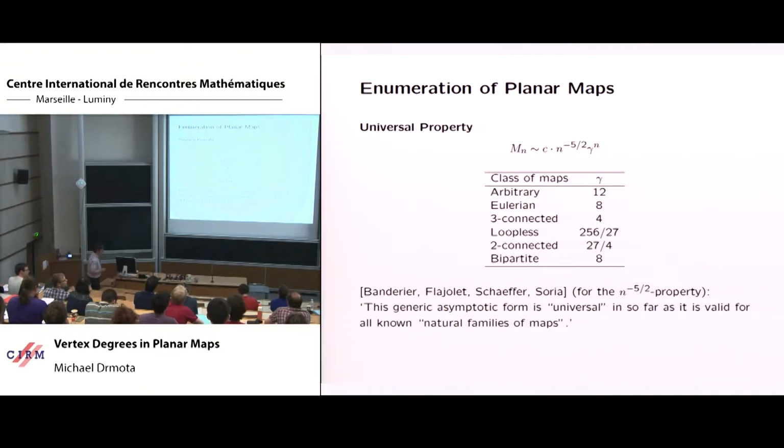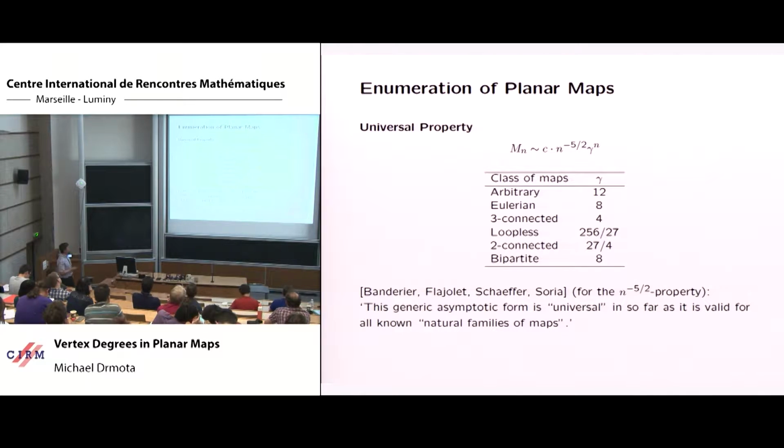Now, it's also interesting to consider different classes of random maps, and here is an incomplete list of some classes of maps. For example, Eulerian maps, three-connected maps, loopless, two-connected, bipartite, and there are many others.